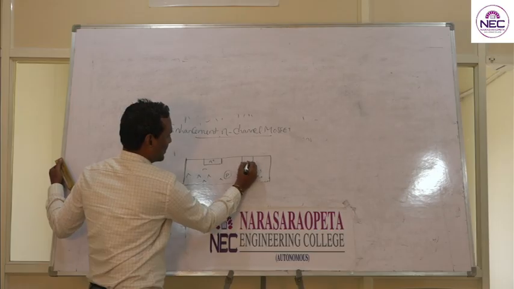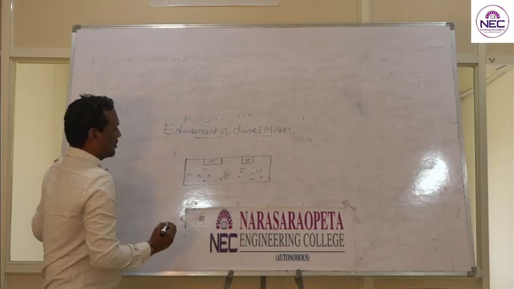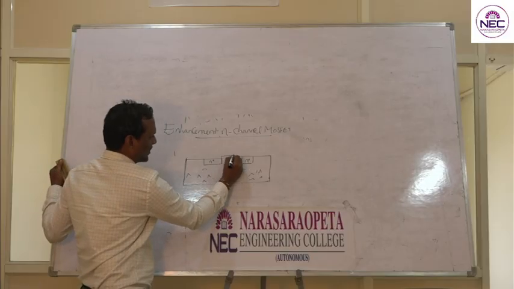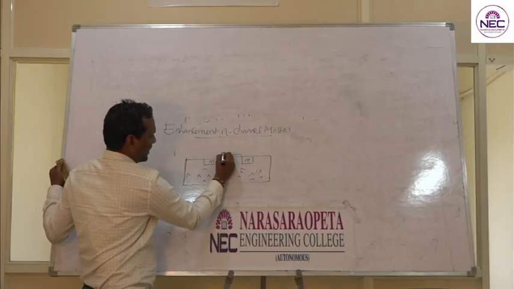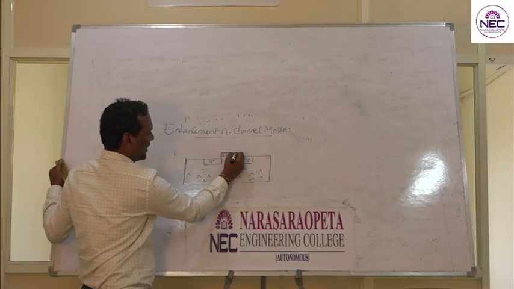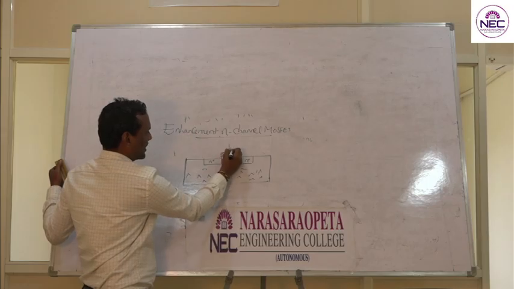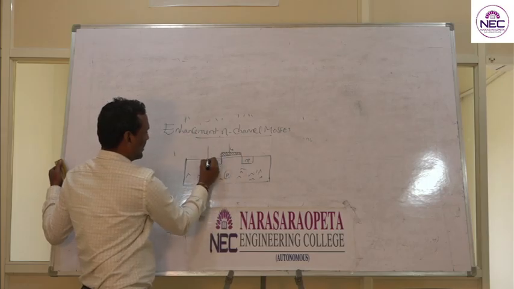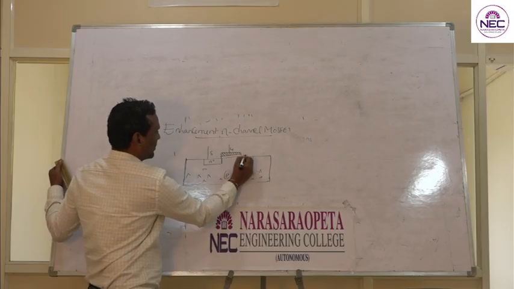This is also an N plus impurity. Here, this is the oxide. On the oxide, this is the polysilicon layer. This is the gate element. This is the source, and this is the drain.